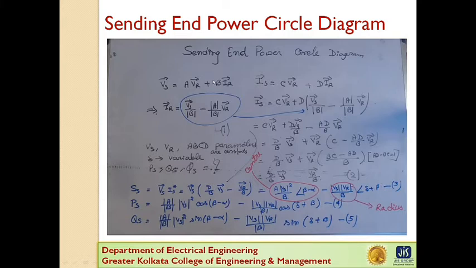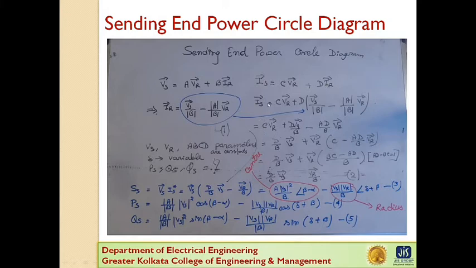Now from this equation we determine the value of IR. IR is equal to VS by B minus A by B into VR. Now in this equation we put the value of IR in place of this.